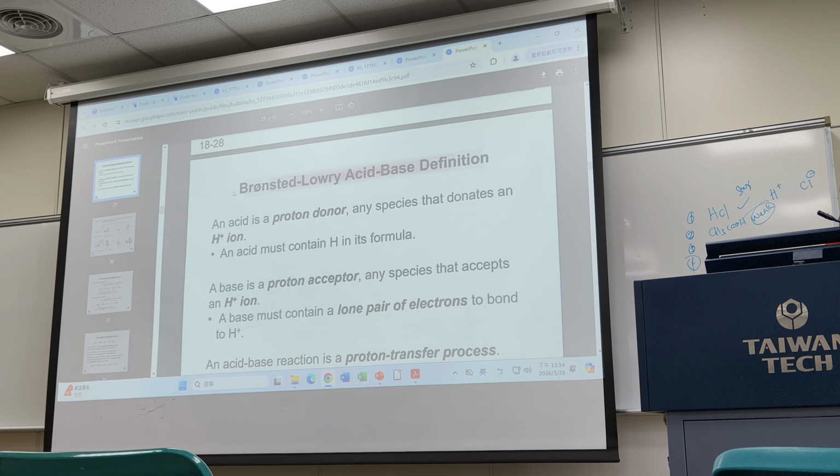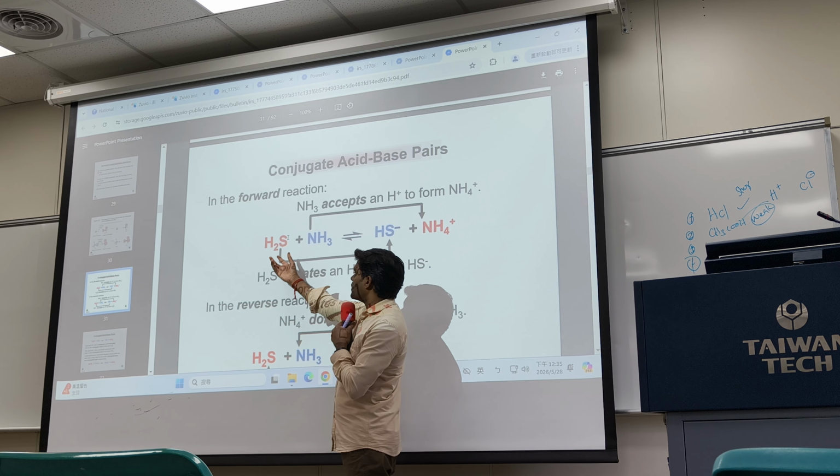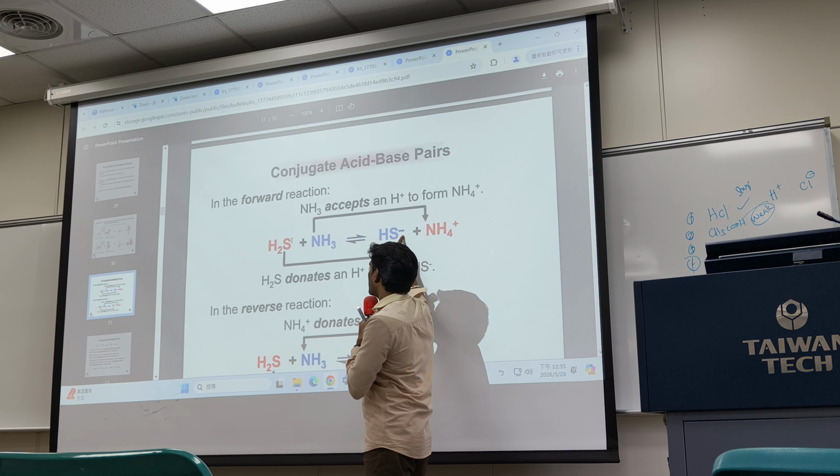For example, for the acid, you give the conjugate base; for the base, the conjugate acid. I can give two to three examples like this. One side only I can give, the other side you just remember. So conjugate acid and base you should remember.